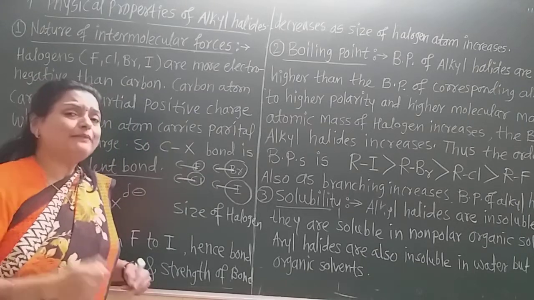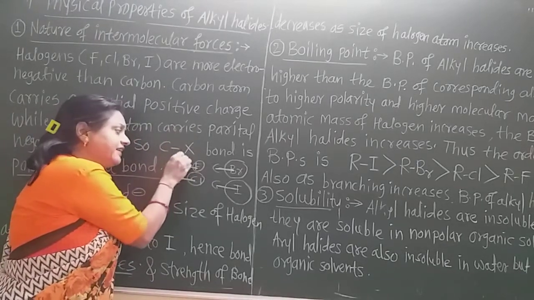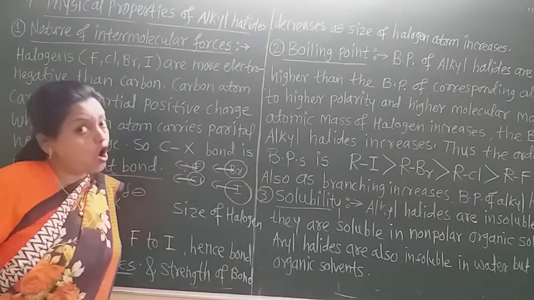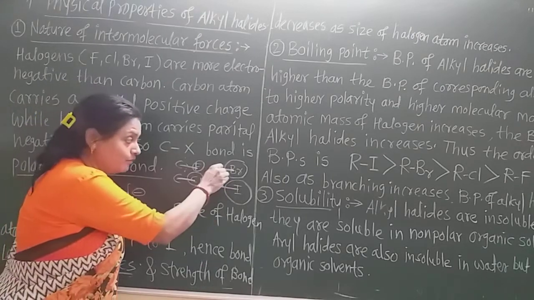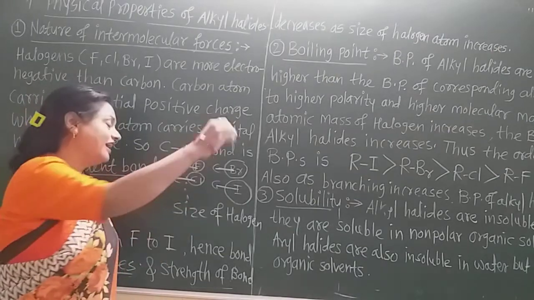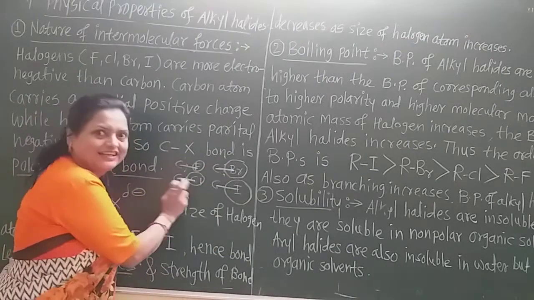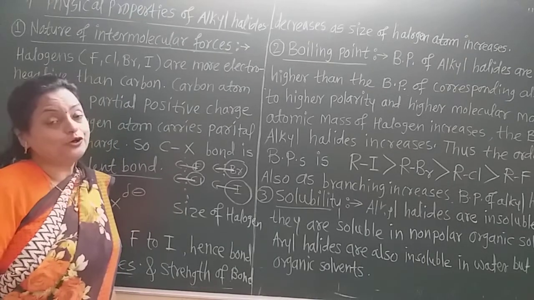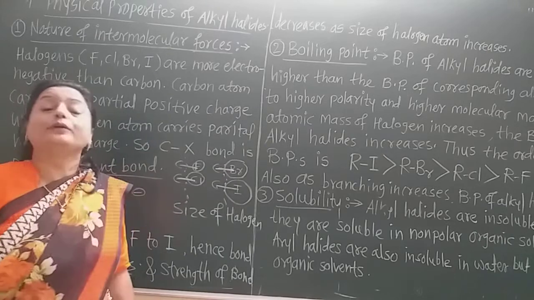And what will happen? The energy required to break the C-F bond is definitely more than the energy required to break the C-Cl bond. Again, the energy of the C-Br bond is less than the energy required to break the C-Cl bond, and this is the least energy to break the C-I bond.